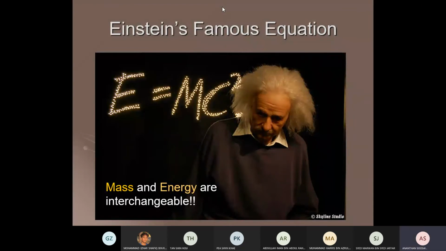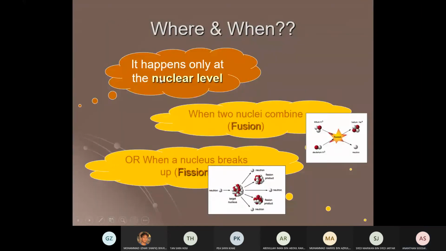So when mass is destroyed, at which level is mass destroyed? Mass was found to be destroyed, not in our daily life. It was found to be destroyed in where? During nuclear process. It happens only at the nuclear level, at a microscopic level.